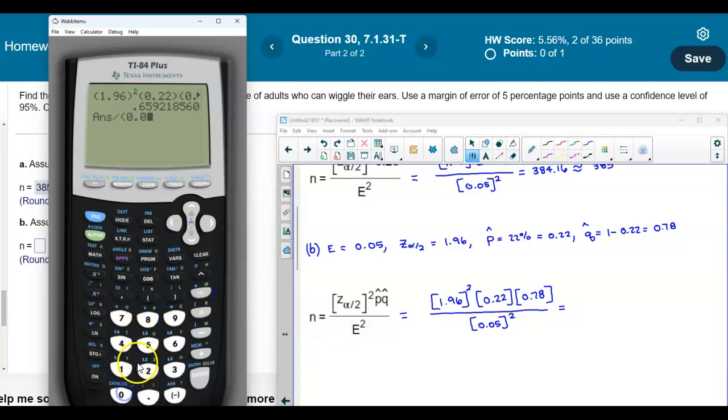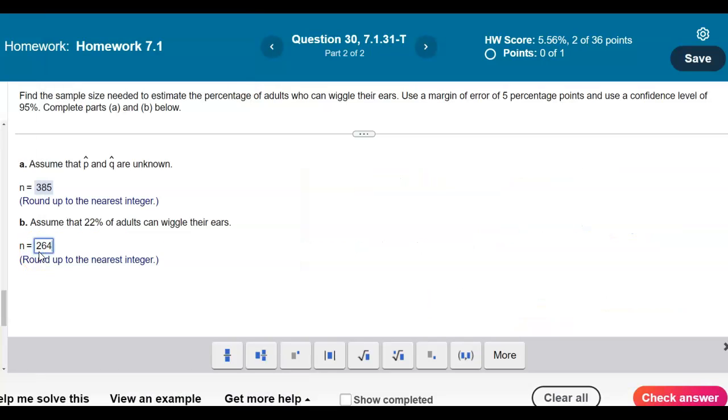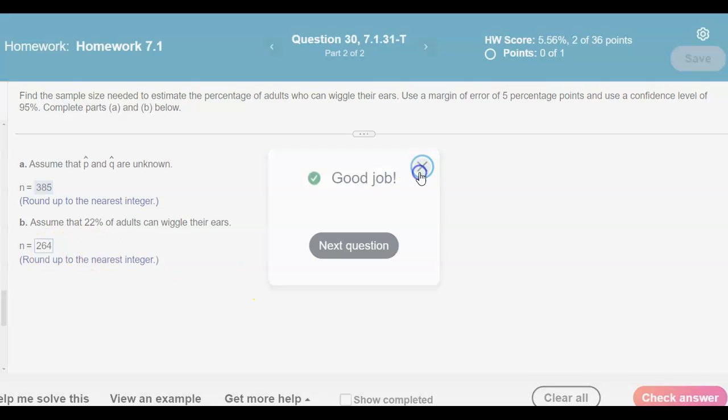So it's 0.05, and then square that, and that gives us 263.6874240. Now recall that we want to round up for the sample size, so this is going to be 264. There is our result.